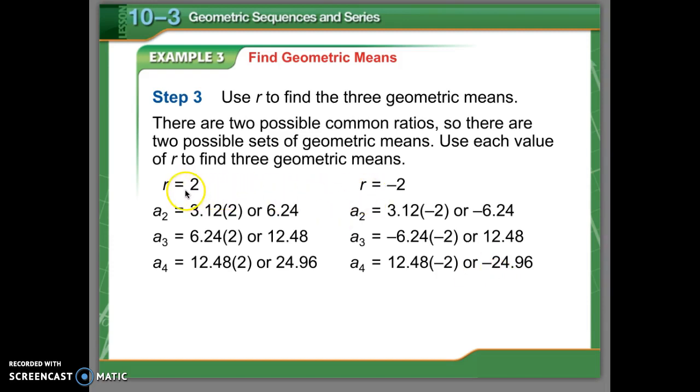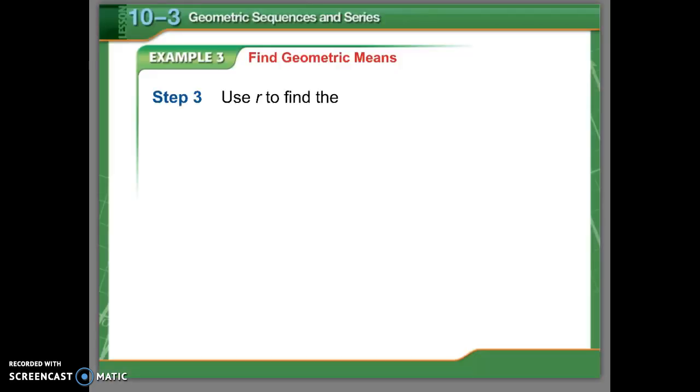So in this case, both r values work logically as possible solutions to the problem. However, it's possible that that will not always be the case. It's possible that sometimes maybe only the positive ratio or maybe only the negative ratio will be the only one that works. But in this case, both of them happen to work.